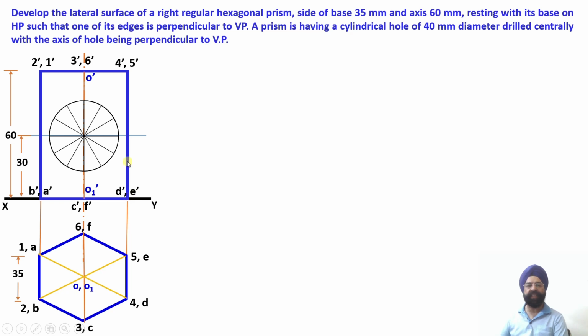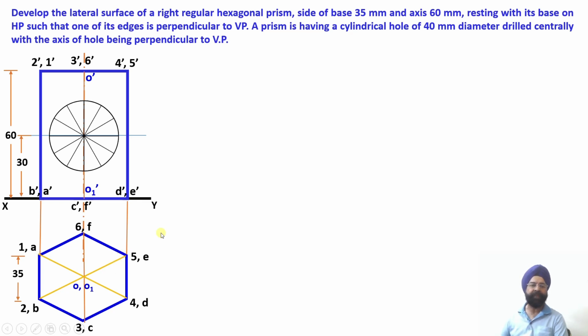So all these projectors should be drawn dotted, but these projectors corresponding to these vertical edges have been overpowered and covered by these vertical projections, that is 2B, 3C and 4D. So the front view projections corresponding to these vertical edges are going to overlap with the dotted line or the hidden line projections corresponding to these three vertical edges.